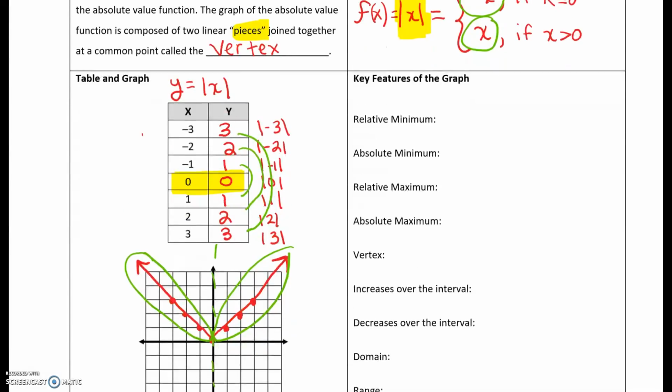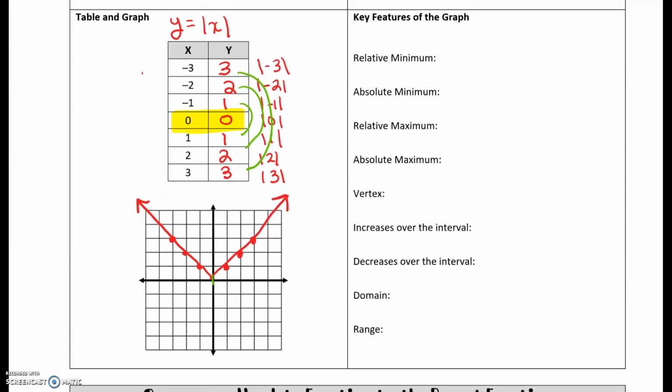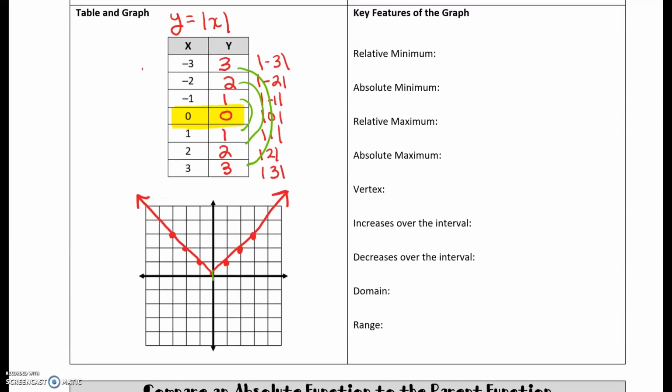So that is how it is piecewise, but I really want us to just focus on the parent graph here. So that's what I'm really going after, is that it is a V shape. Now, since this is the parent graph, everything that we graph from here on will be similar to this one because it is the parent.